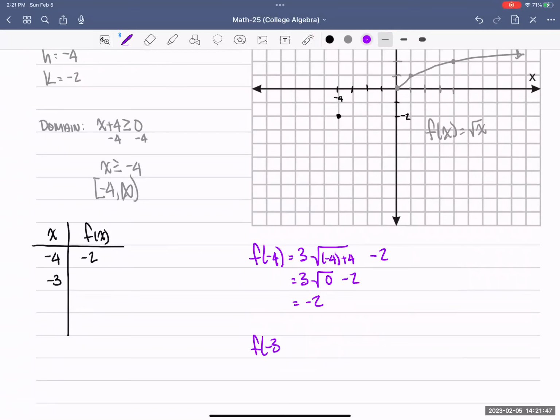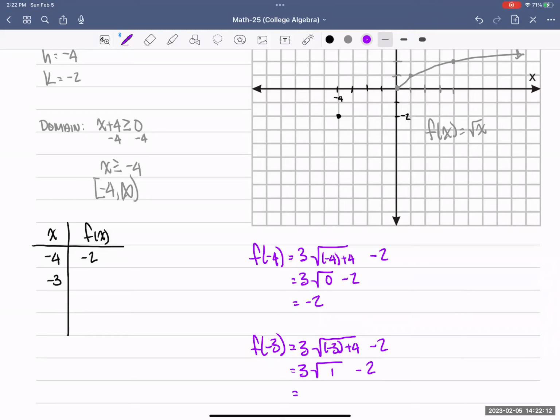So f of -3 is equal to 3 times the square root of -3 plus 4, minus 2. What I really wanted is to have a nice even root so we don't have to plug it into our calculator. So 3 times the square root of -3 plus 4 gives us +1.